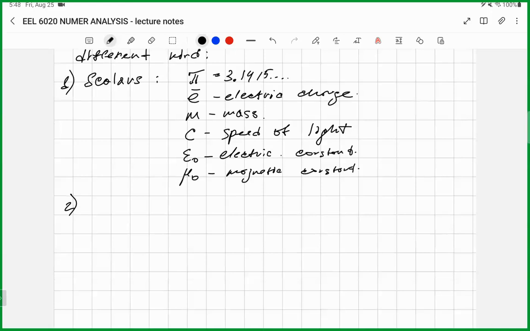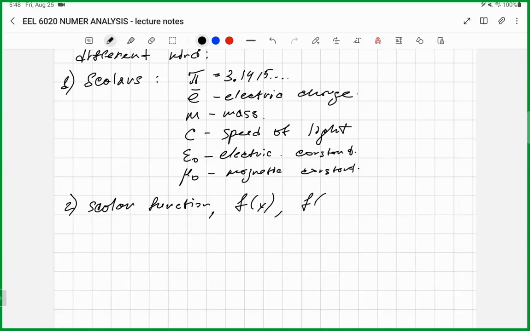Another math object is a scalar function. We can denote them by some f of x. x can be some sort of variable, for example, coordinate, it can be temperature, can be pressure, something else.